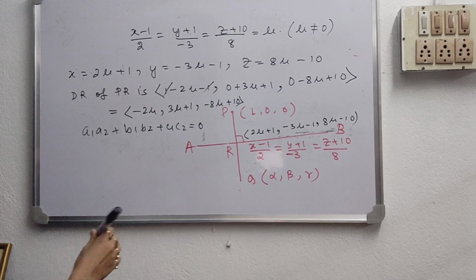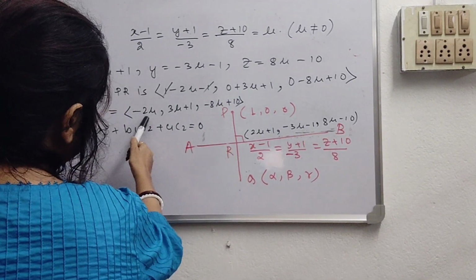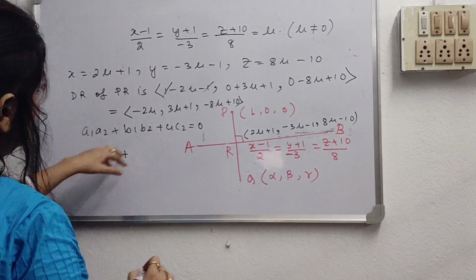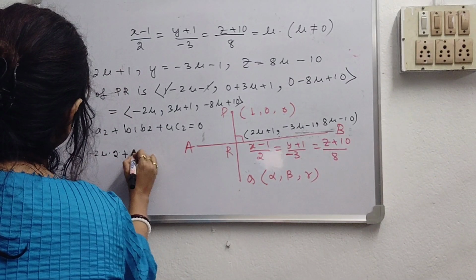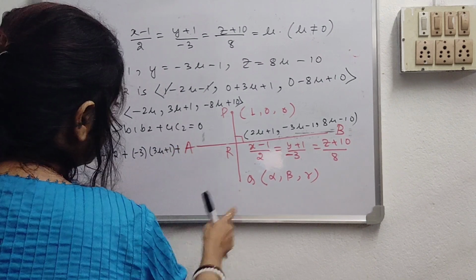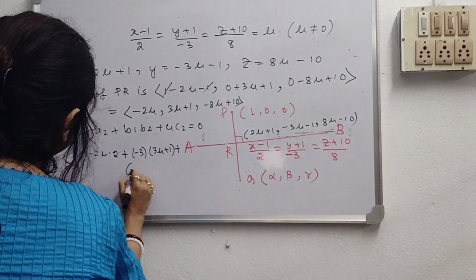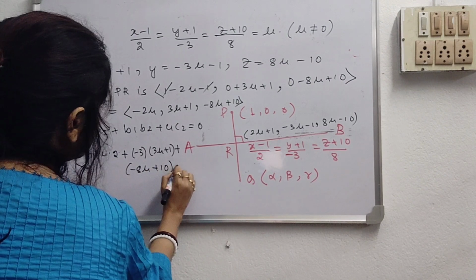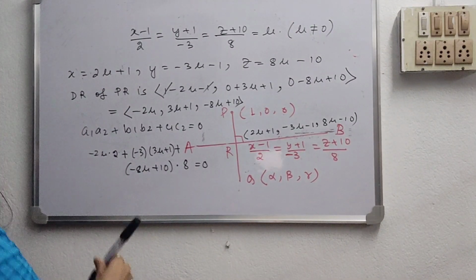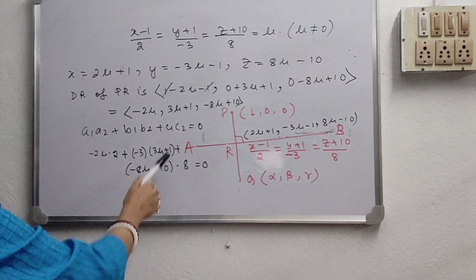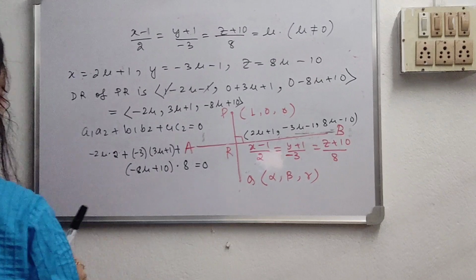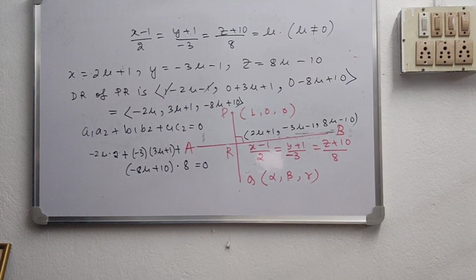So I'll write: minus 2 mu into 2, plus (3 mu plus 1) into minus 3, plus (minus 8 mu plus 10) into 8, equal to 0. So let's find out the value of mu.